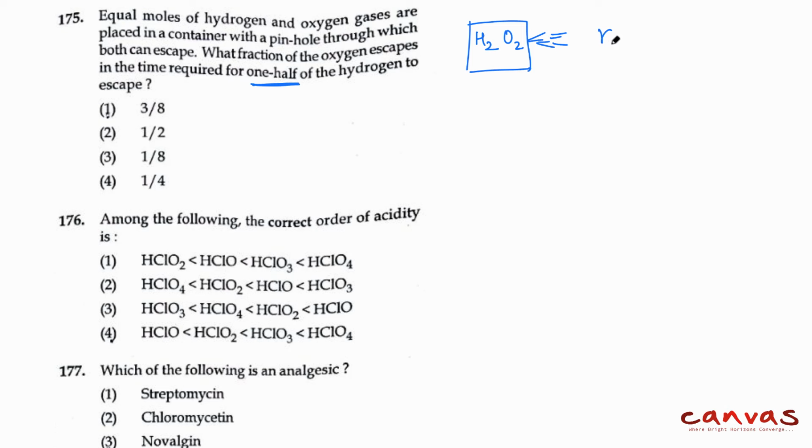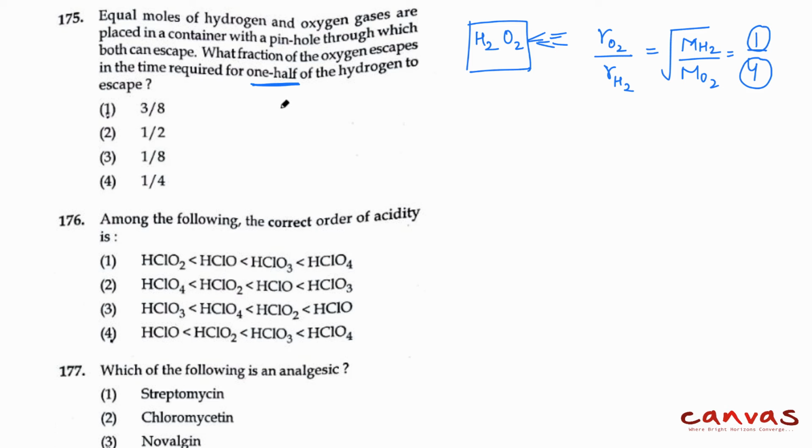We know that the rate of effusion of oxygen to the rate of effusion of hydrogen is proportional to the square root of the inverse of their molecular masses. So we have the molecular mass of H2 here and the molecular mass of O2. When you put 2 by 32, it gives you 1 by 4. Now we know when 4 parts of H2 escape, only 1 part of O2 escapes.